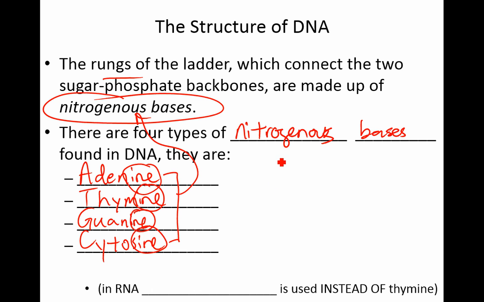And again, the A's are always bonded to a T. Now I remember that because A and T, those letters can be written using only straight lines, whereas the letters C and G require curvy lines to write them. So C and G always bind together, just like A and T always bind together.